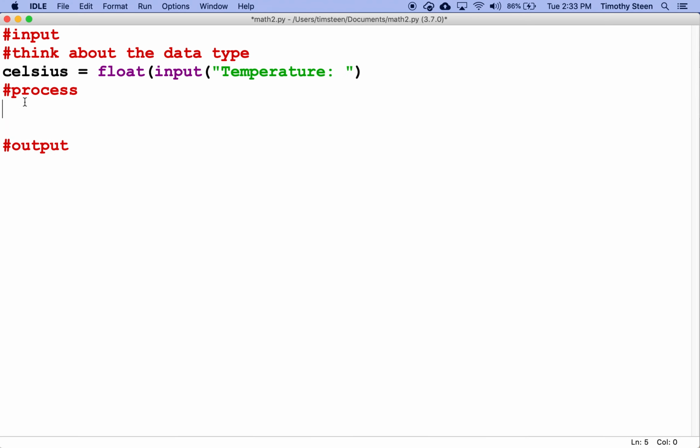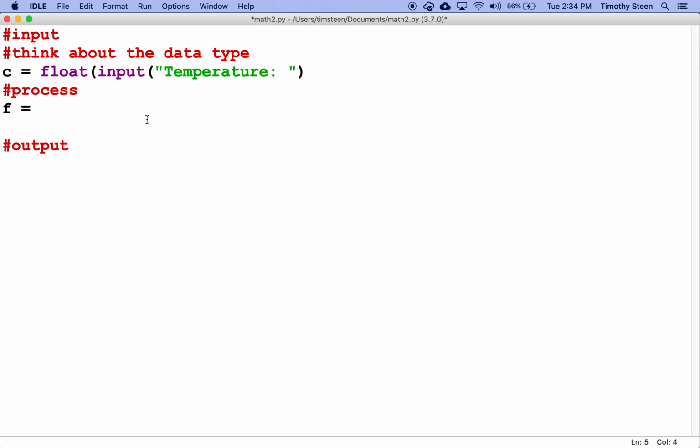And again, you don't need to put these comments in here. They're just for me. So we got the temperature. Now we want to make some sort of conversion, right? And so I don't know if you want to call this Fahrenheit. I have a hard time spelling that one. So maybe you just want to use C for Celsius and F for Fahrenheit.